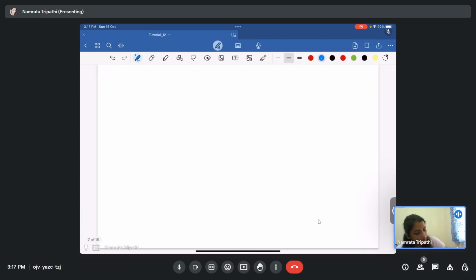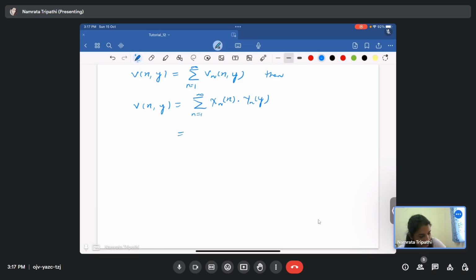Now what will be the value of v(x,y) by the principle of superposition? Fine. Then combining X and Y, v(x,y) can be written as Xn into Yn, where n is varying from 1 to infinity.